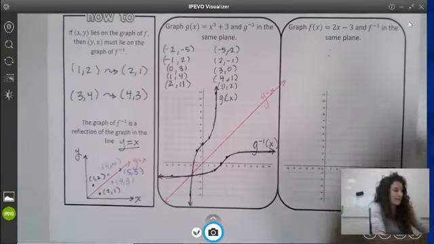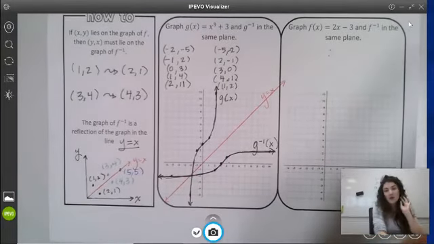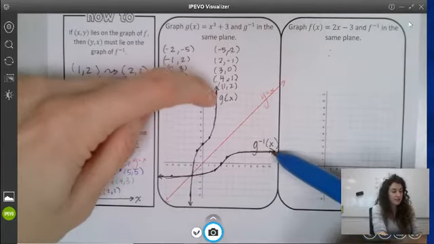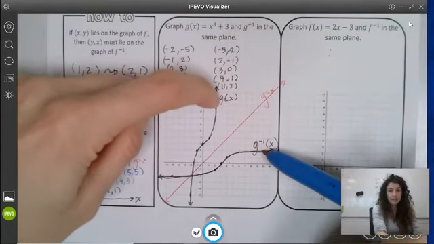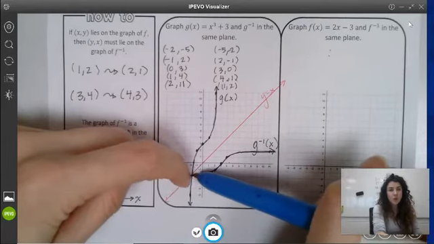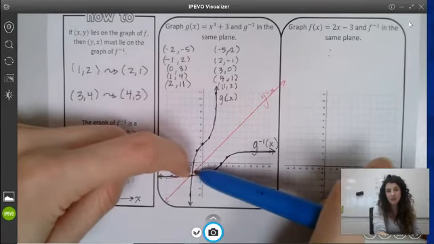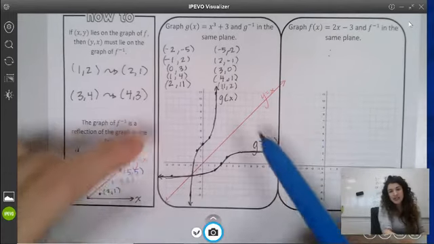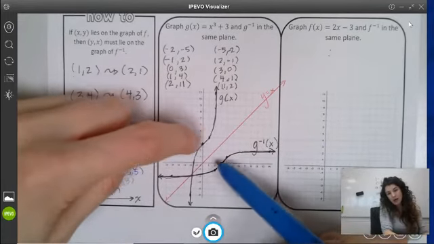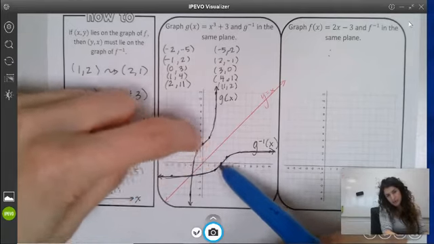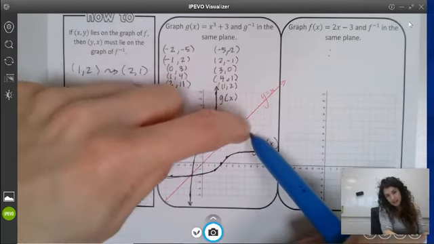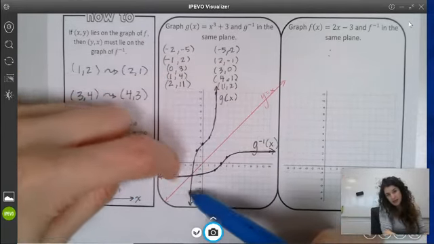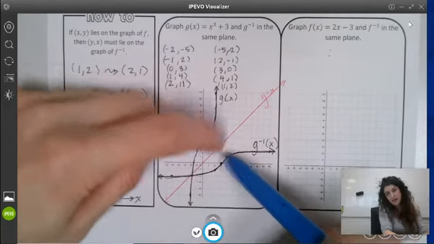It's a minimal mistake, but I know that the original and its inverse will always intersect at this line of reflection. And so that's something to keep in mind: if you always draw in this line of reflection, it can help you in finding those reflected points, if you're isolating them and trying to imagine them being reflected across this line.